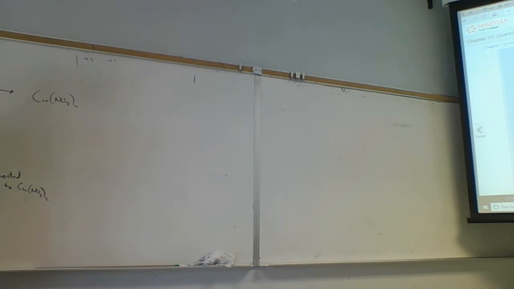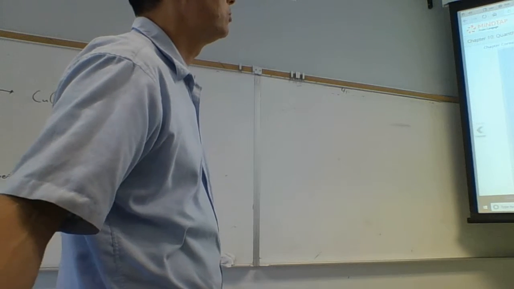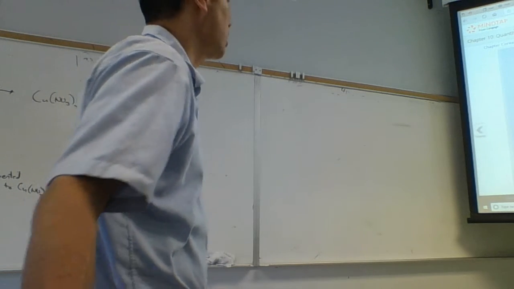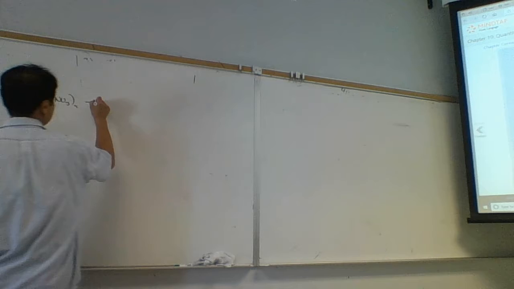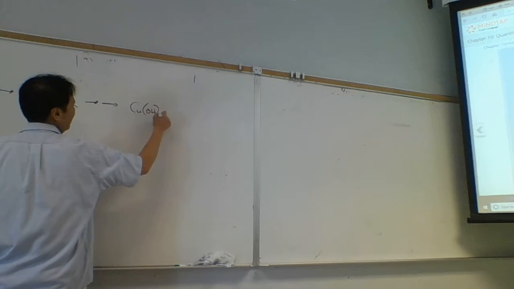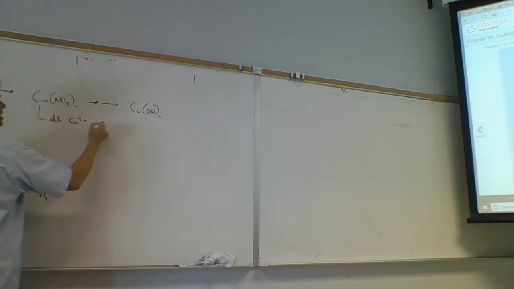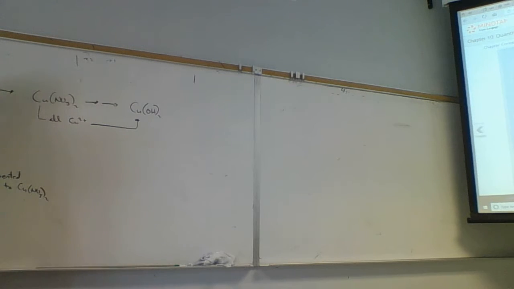with. All right. Then the solution went through a series of steps in which copper 2 nitrate was changed to copper 2 hydroxide. And so there are a series of steps. And so all the copper from here ends up here. And so we have to assume 100% yield. This looks like a metathesis reaction.